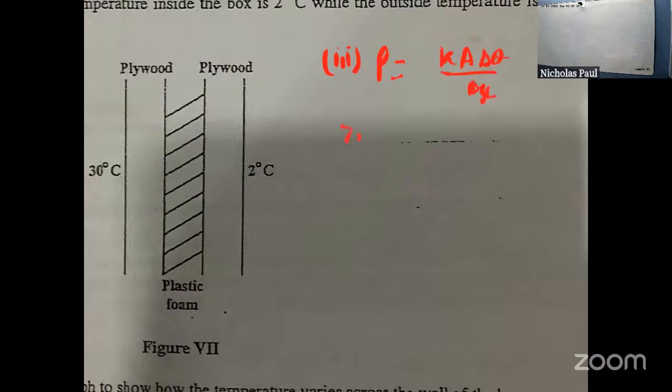We're using 7.3, K is 0.24, A would have been the same thing, 0.6 by 0.4. The temperature change we don't know, and the thickness is 0.01. The other thing is to find the temperature change.